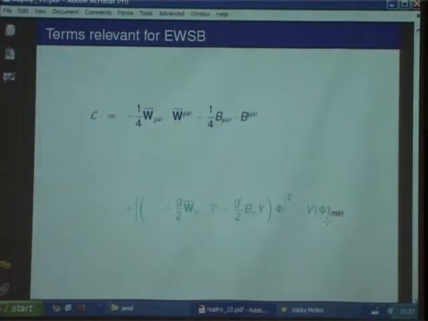So V of phi minimum implies phi is equal to 0, v. That's all. Now we want to see what this term is when we replace phi by this 0, v, and see what it gives us.